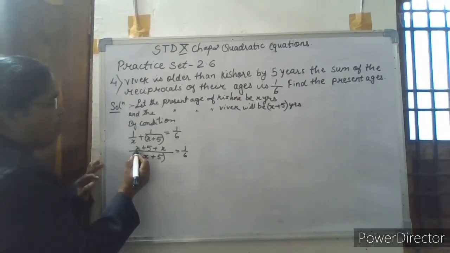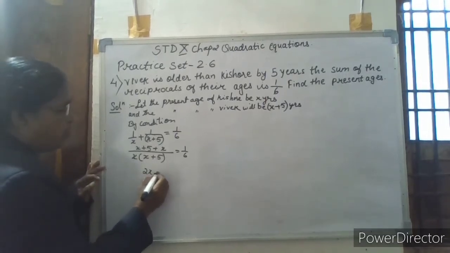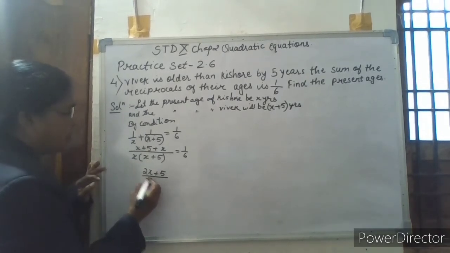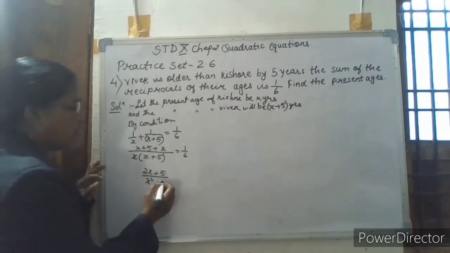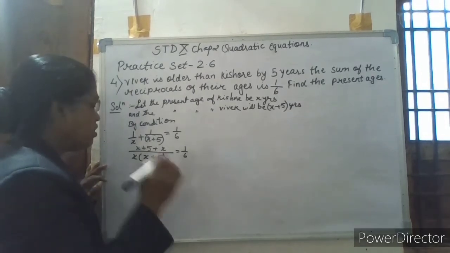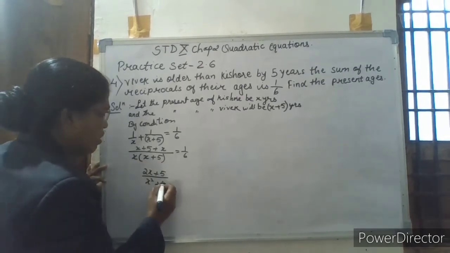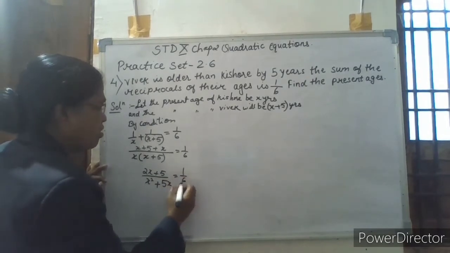Now, we have x plus x is 2x plus 5 upon, multiply this, you get x squared, then plus 2. Children, often you don't multiply the second term, then everything goes wrong. This is the common mistake done by children. So please multiply x into 5. It will give you 5x, equal to 1 by 6.